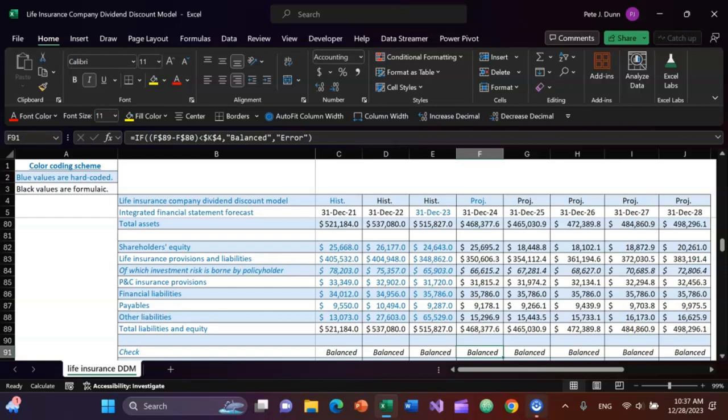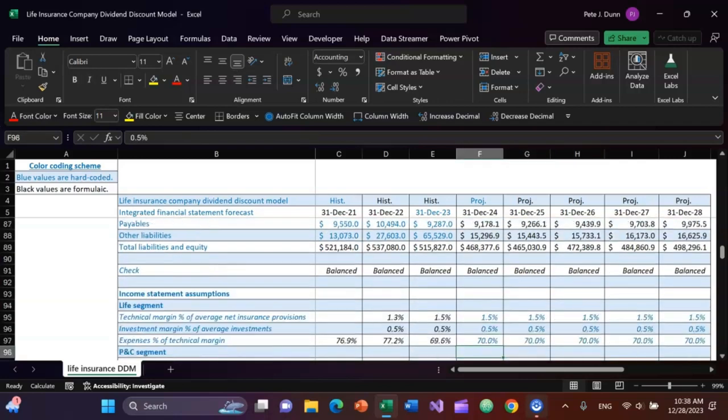If it's not balanced, if it's beyond $1 difference between the two, it'll throw off an error message. So that's how I use the if statement for balance check of this balance sheet.